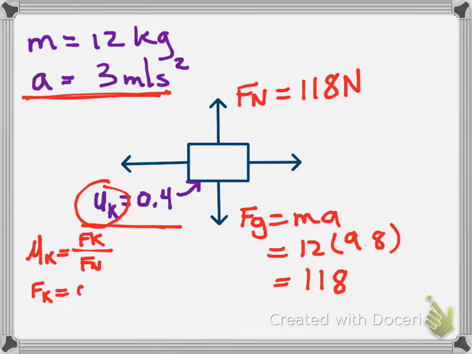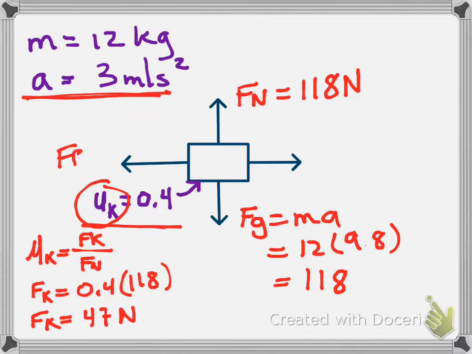So we're going to take the 0.4 and multiply it by our normal force. Again, just for the purpose of the example, I'm using rounded numbers. So the kinetic friction, which is really frictional force, after calculating it, is going to be 47 newtons rounded. So we can now go up here, and we know our frictional force is equal to 47 newtons.